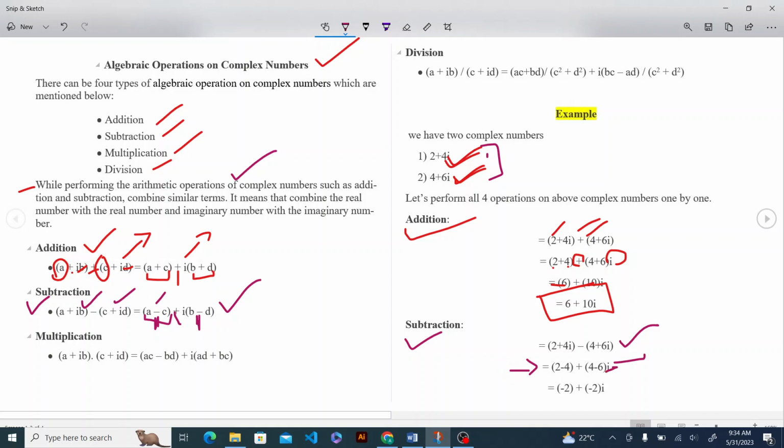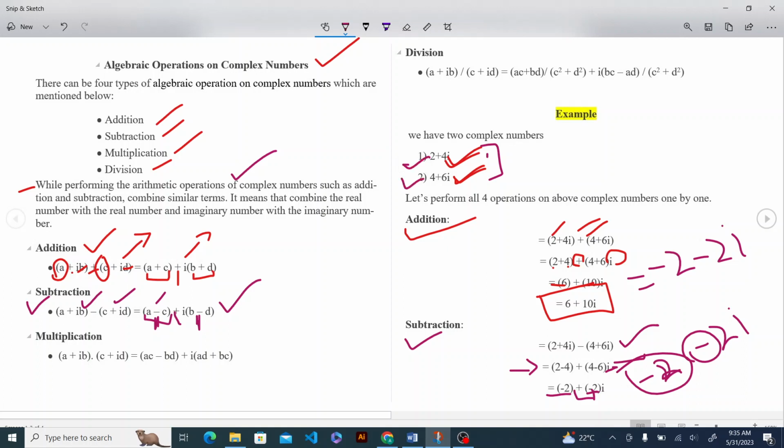So 2 minus 4 is equal to minus 2, and 4 minus 6 is also equal to minus 2, and the iota sign will be placed at the last. So the difference of the two complex numbers will be minus 2 minus 2 iota, because here the plus and minus signs produce a minus sign, and here there is already minus 2. So this is the answer, minus 2 minus 2 iota. This is the difference of these two numbers, 2 plus 4 iota and 4 plus 6 iota.